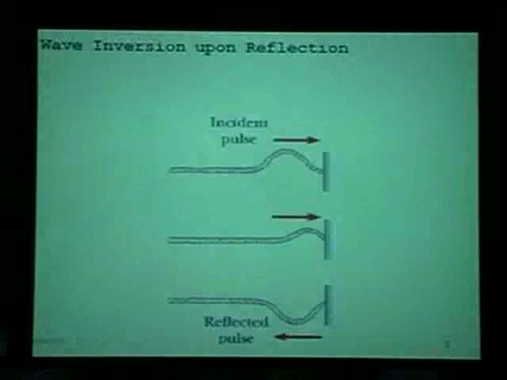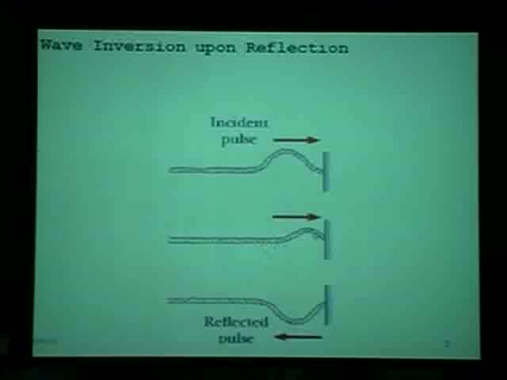Suppose I had a string that is tied to the wall. I initiate a pulse on this string, a wave pulse, and the wave moves down the string, and the string moves in a transverse direction as the energy of this wave travels along the string, and the string encounters the wall.